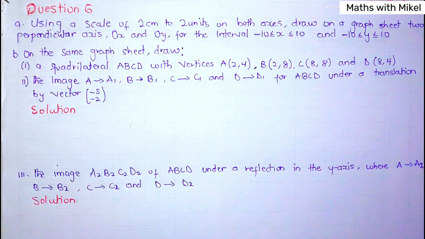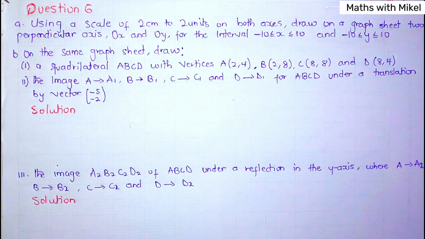So, question 6, the last question. It says, using a scale of 2 centimeters to 2 units on both axes, draw on a graph sheet 2 perpendicular axes, OX and OY, for the interval -10 less than or equal to x less than or equal to 10, and -10 less than or equal to y less than or equal to 10.